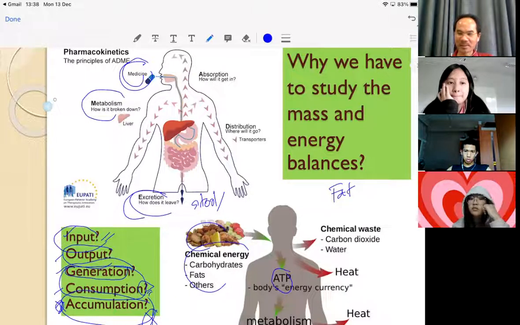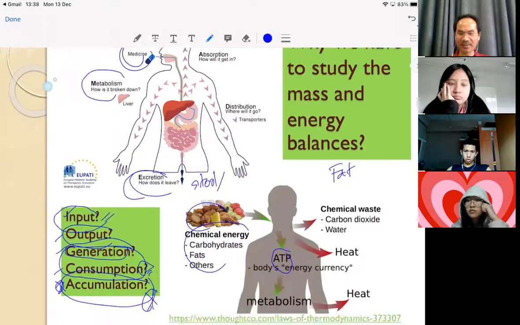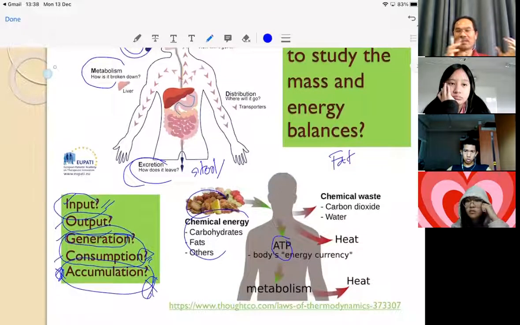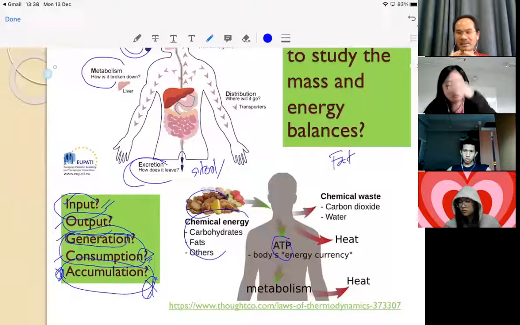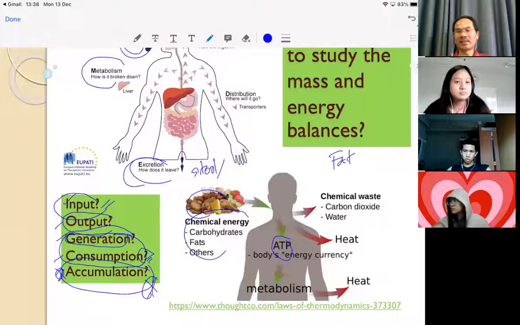For the petrochemical plant, mass and energy are the same. We have some energy input, some energy output, some energy accumulate, and also energy generated or consumed. This is the overall picture.